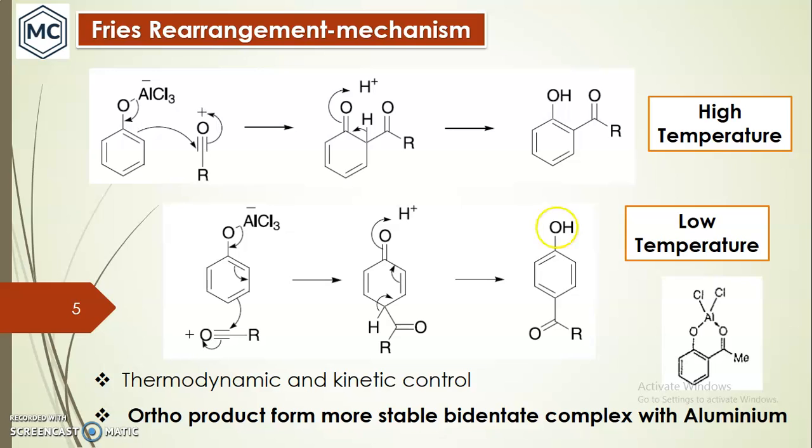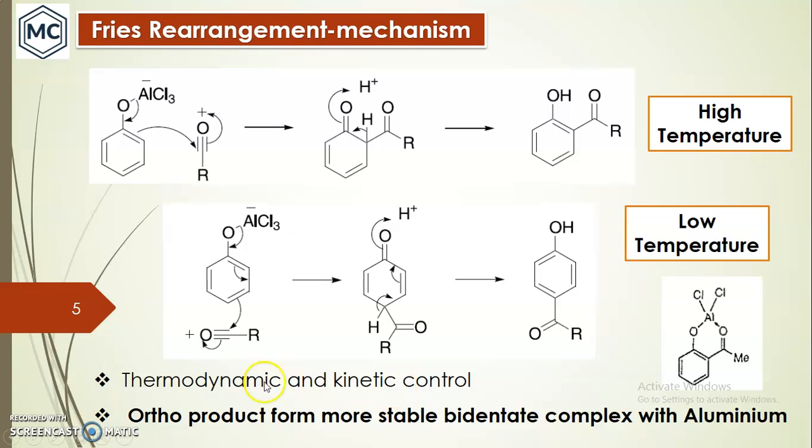And in ortho and para, the kinetic product is the para product. This one is kinetic and it is immediately formed. There is no steric hindrance and this para position is more active and this is easily formed.